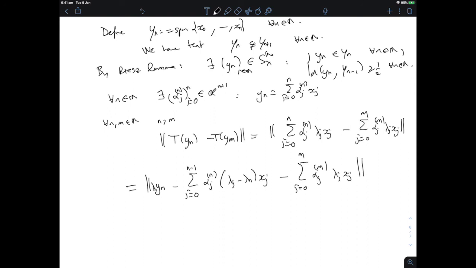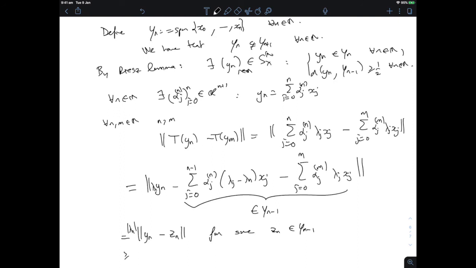But the point is, this entire thing here is certainly in capital Y_{n-1}, and my lambda_n cannot be 0 because it is greater than epsilon. So this is equal to y_n minus z_n for some z_n in Y_{n-1}, maybe times lambda_n. And lambda_n is a non-zero number because it's greater than epsilon.